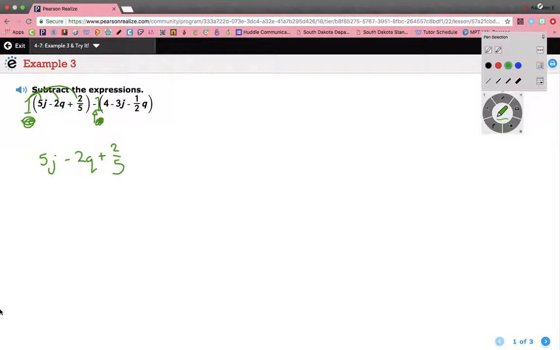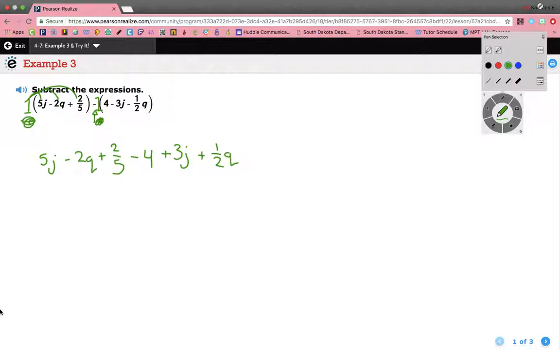So -1 times 4 is -4. And -1 times -3j is +3j. And -1 times -1/2 q is a +1/2 q. I would recommend that when you are subtracting expressions, you distribute a -1 instead of using the commutative property, because then there's less to mess up.